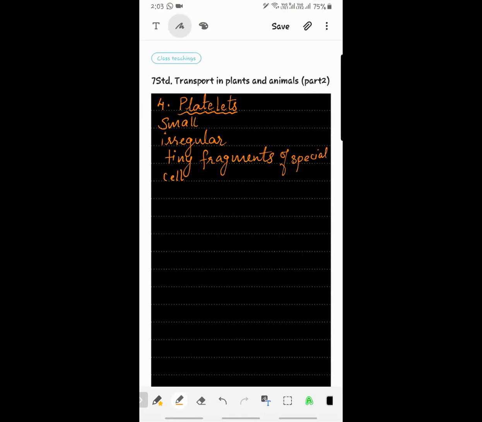These tiny fragment cells are formed in the bone marrow.